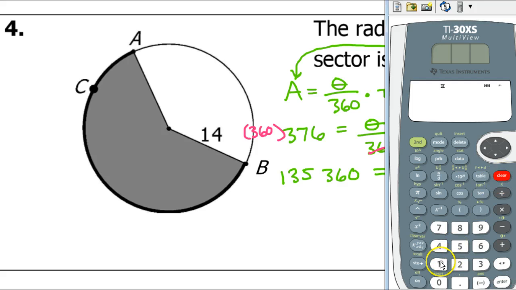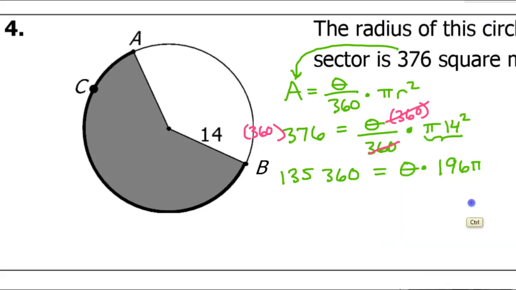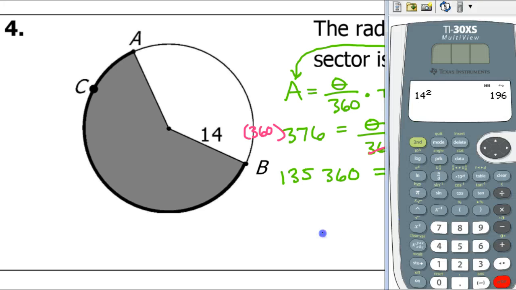Okay, let me just double check. Sometimes my brain malfunctions. Okay, in fact, while I'm double checking stuff, let me double check that other thing. Okay, 135,360.